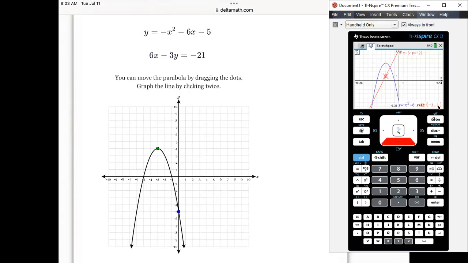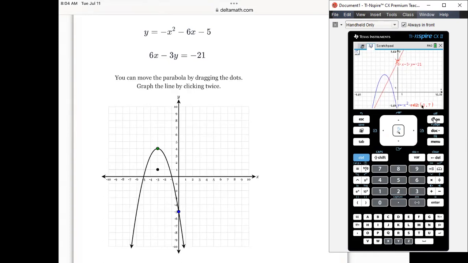That's 1 point, (-3, 1). So we can plot that here, (-3, 1). And then let's go find the y-intercept. So the y-intercept is, I'm going to pull this down a little bit so you can see it, (0, 7). So over here, I'm going to put (0, 7). There's my other one.